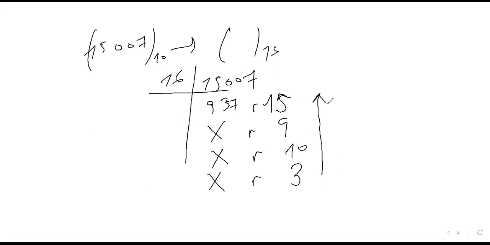Then to put your number into base 16, we start with the MSB on this side, most significant bit, and the LSB on the other side. So this is 3, 10 (A), 9, 15 (F), base 16.